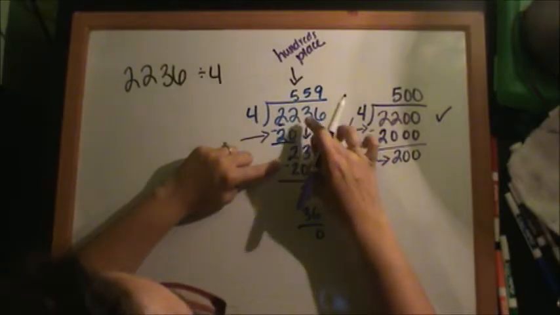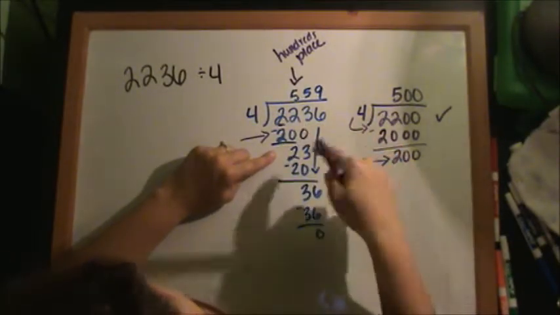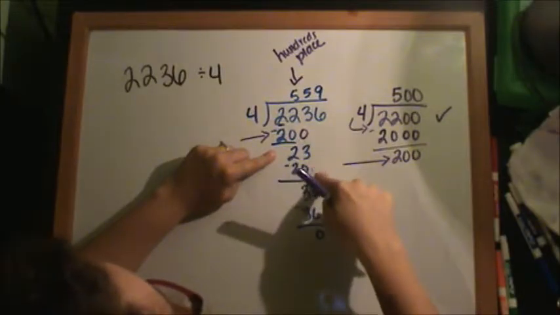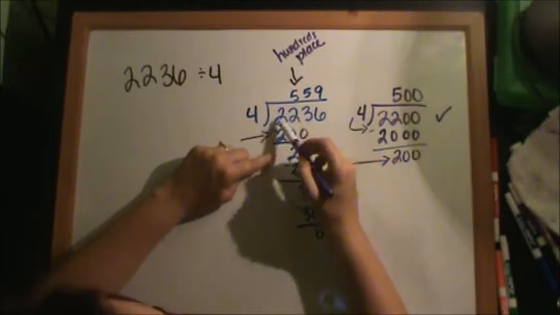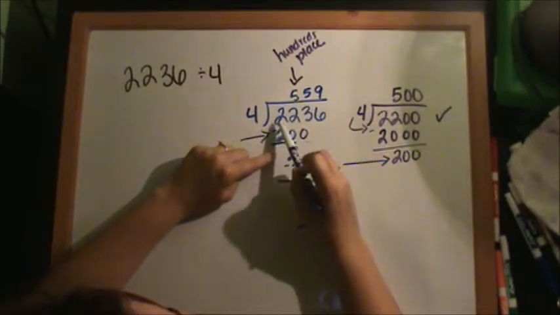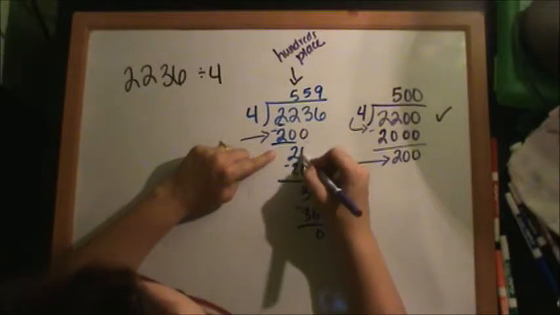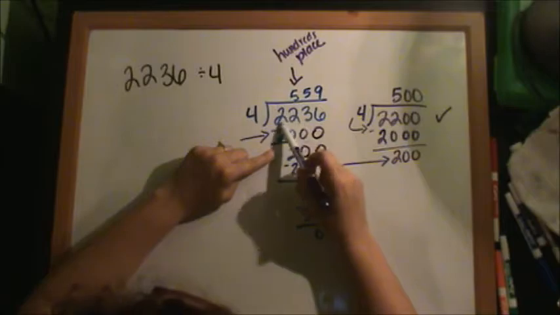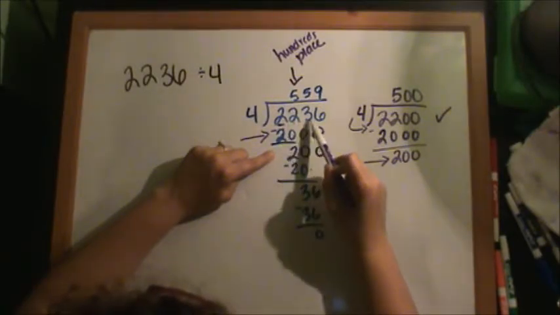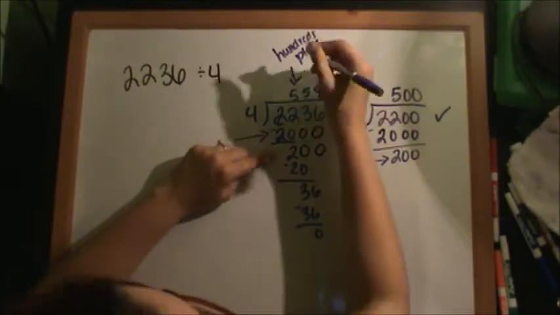If we hadn't brought down this 3 yet, that's what we wrote. 22 minus 20, or 2,200 minus 2,000, would give us 200. Do you see that? 2,236, 4 times 500.